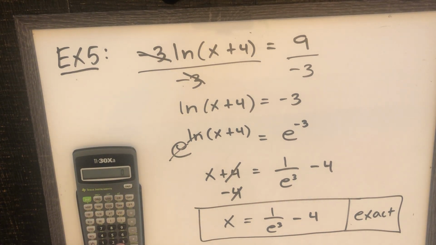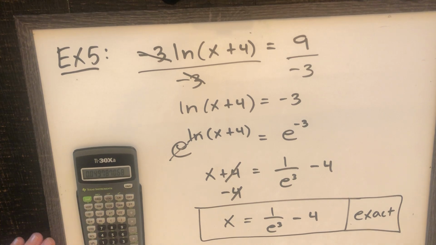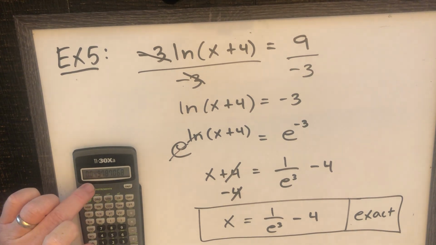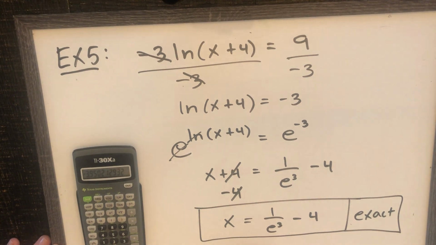So that's 1 over e cubed, 0.04978, and then minus 4. X would be approximately negative 3.9502.